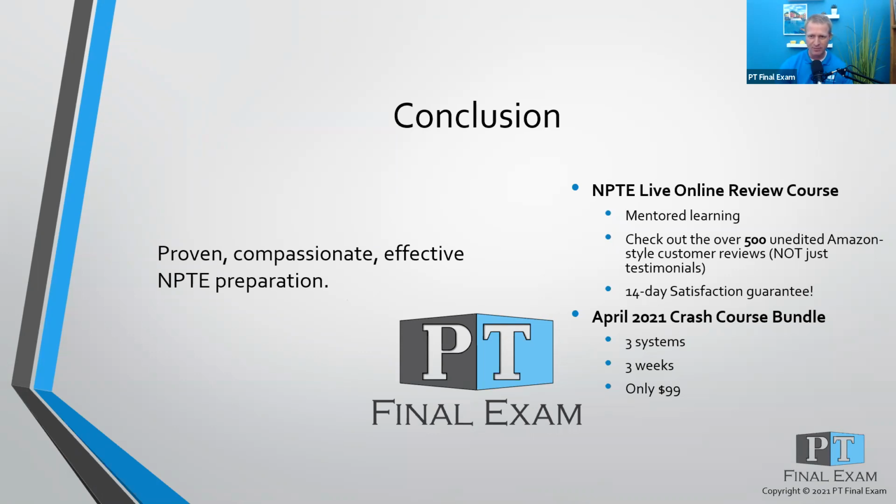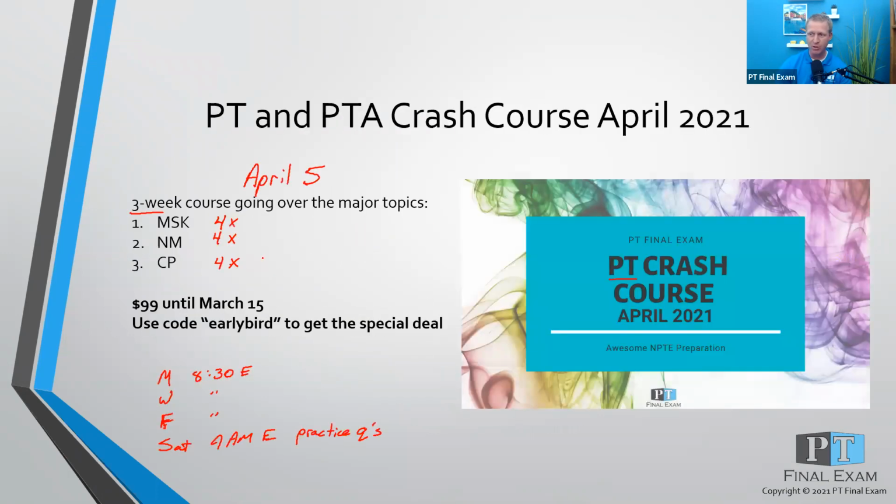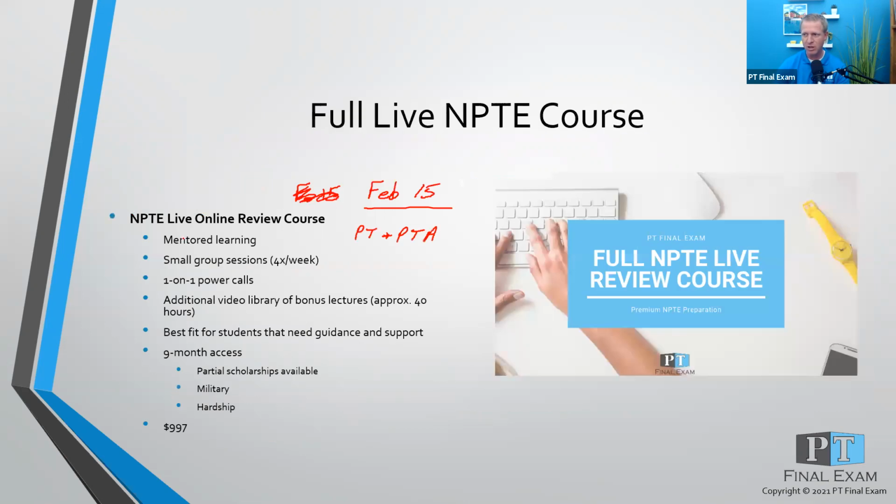So Corbin asks, I feel like I might have missed this, but is there a huge difference between the crash course and the live course? Yes. So the difference is that the crash course is 3 weeks long and it has 12 sessions. So it's meant to be quick and just a very fast course. Whereas the full live course, we have about 50 sessions. You get one-on-one time with me.